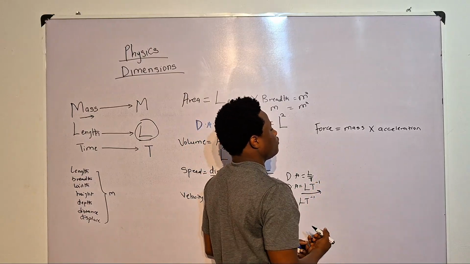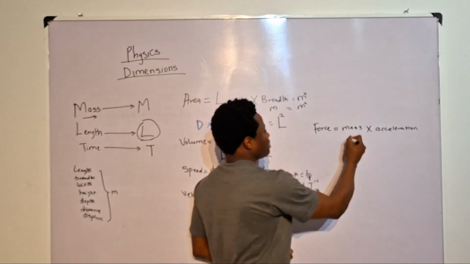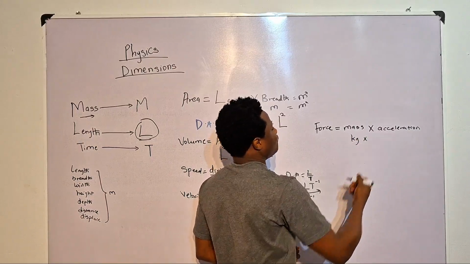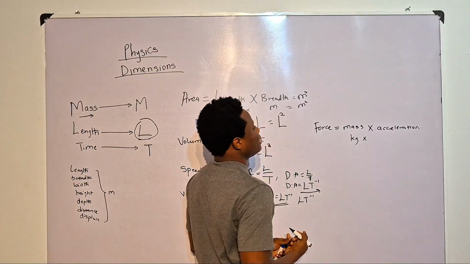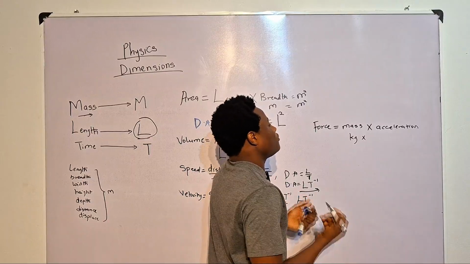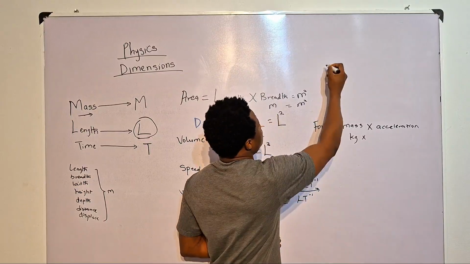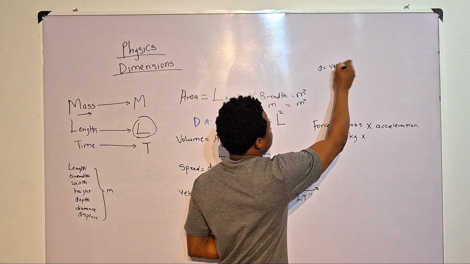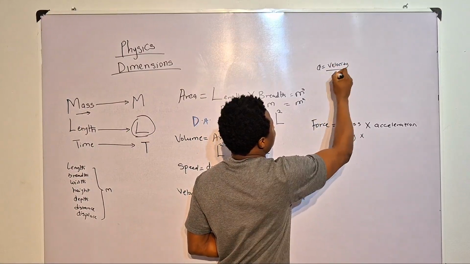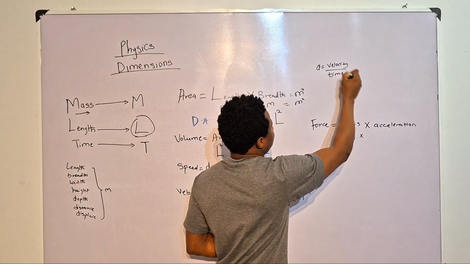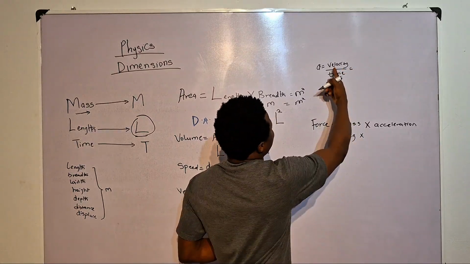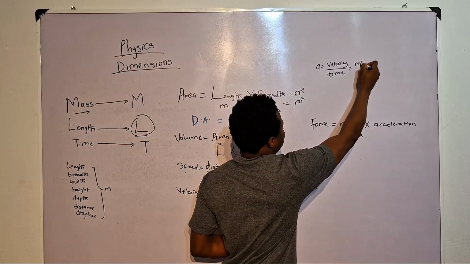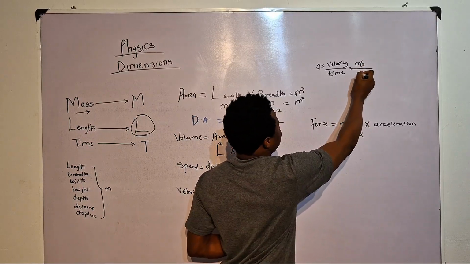What is the SI unit for mass? The SI unit for mass is kilogram, times what is the SI unit for acceleration? For us to get the SI unit for acceleration, we have to know the formula for acceleration. So we come here and say acceleration is equal to velocity over time. We know velocity is measured in meter per second, all over second.